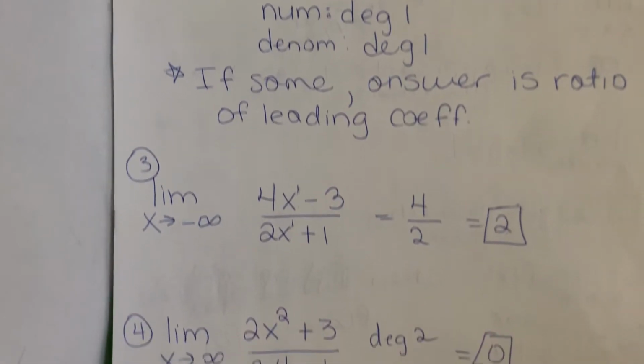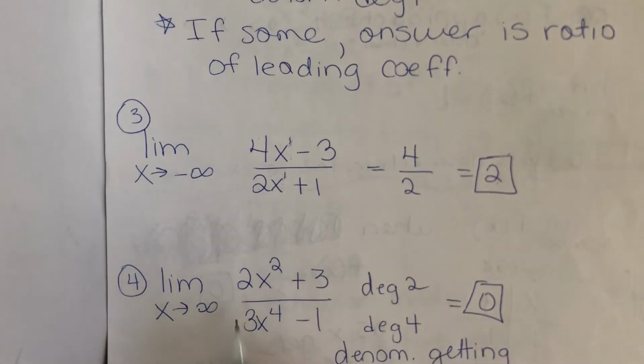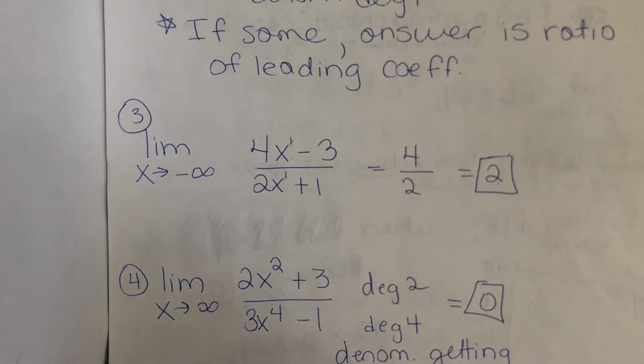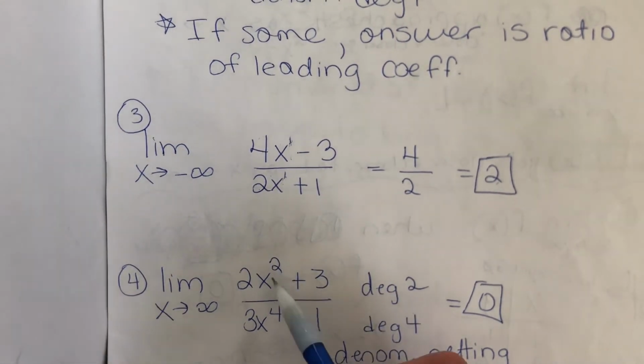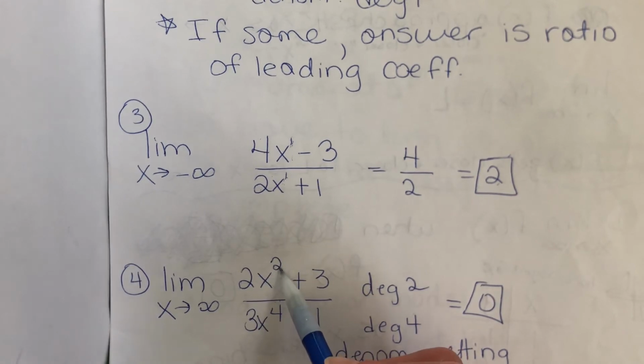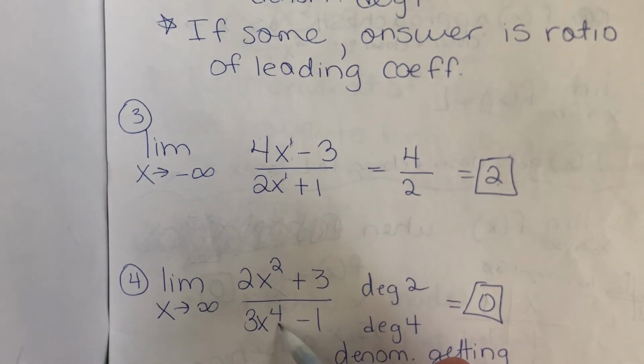All right, so now in this instance, this is kind of going back to the first example I did with you on the previous page here, 1/x. This is similar in a sense that the degree of the numerator is smaller than the degree of the denominator.